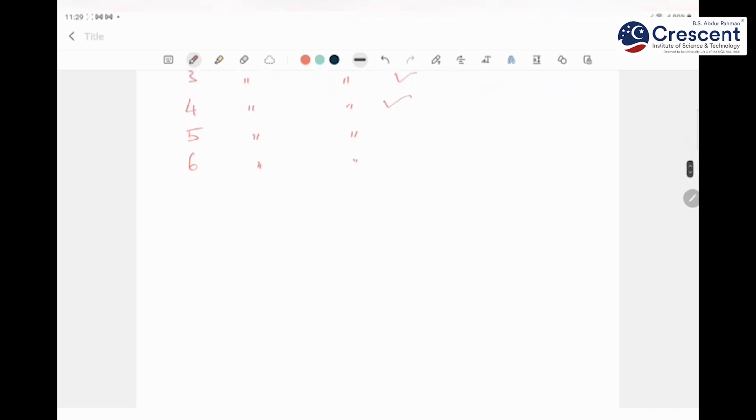So you know how Boolean expressions are represented. There are various methods. Sometimes it can be represented in SOP form.